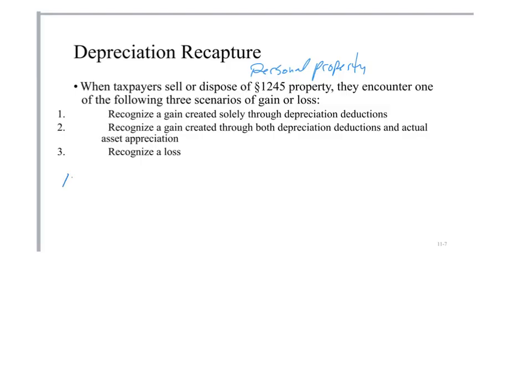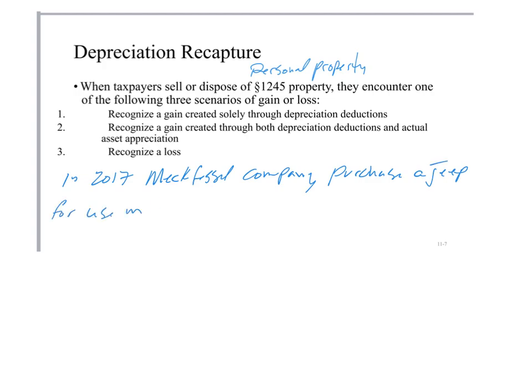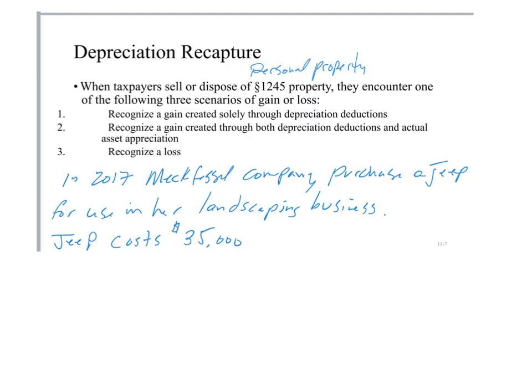We're going to assume in 2017, McFessel Company purchases a Jeep for use in our landscape business. The Jeep costs $35,000.